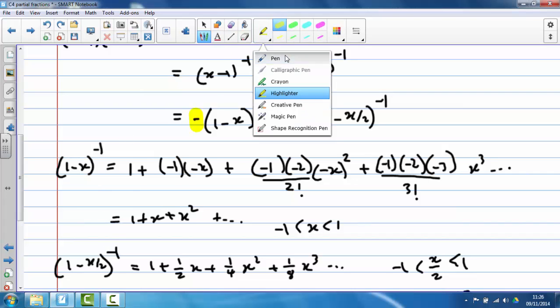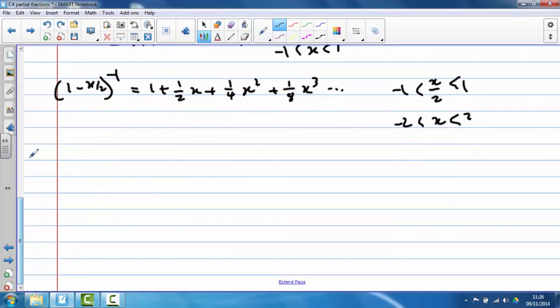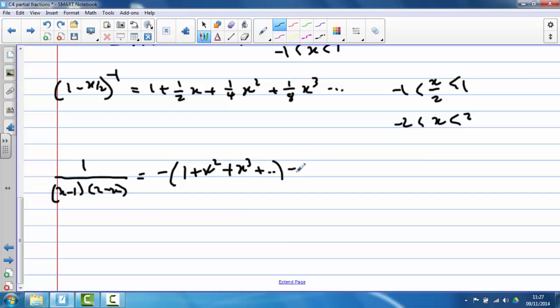So if we were to bring them back in, then 1 over (x minus 1) times (2 minus x) equals minus (1 plus x plus x squared plus x cubed), and we only need to know up to the x cubed term, plus a half (1 plus x over 2 plus x squared over 4 plus x cubed over 8).